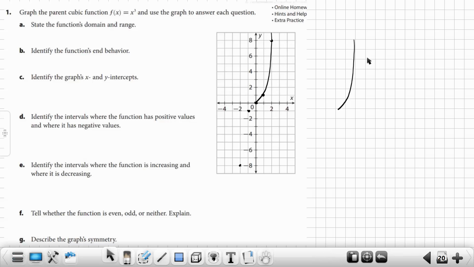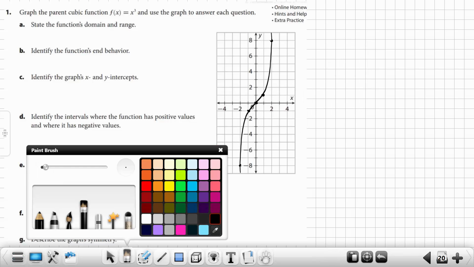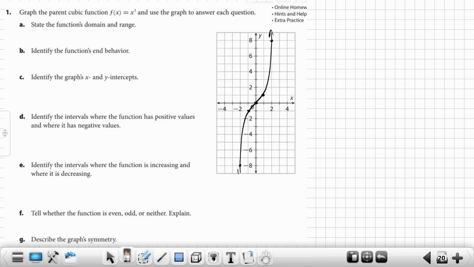Mr. Base, does the graph have to be good? You can make it evil if you want. As long as you know what it looks like. Try to make it as decent as mine. Alright, let's do this. Nice.